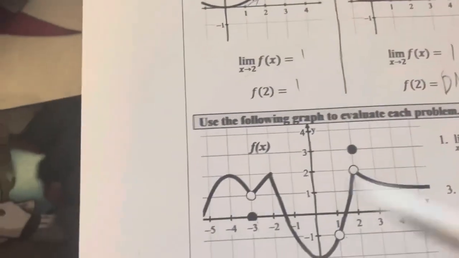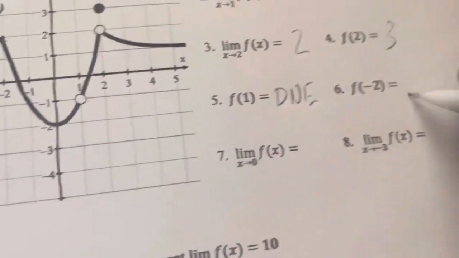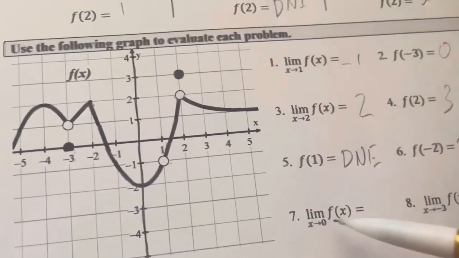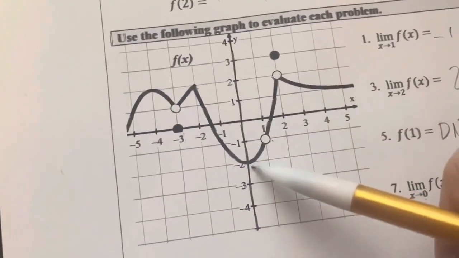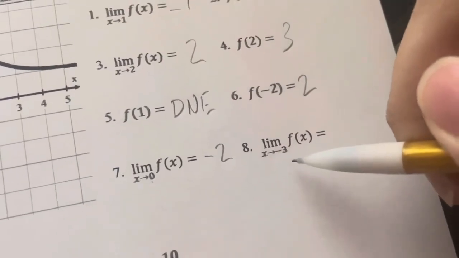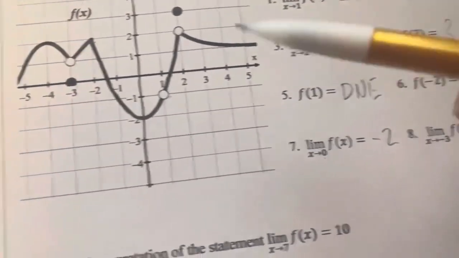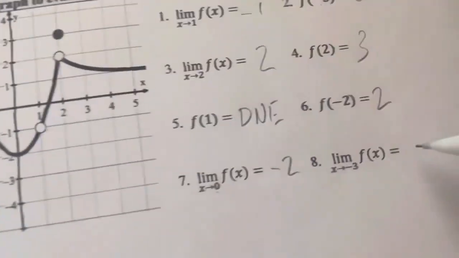F of -2, 2. Limit as x approaches 0, -2. Limit as x approaches -3, 1.